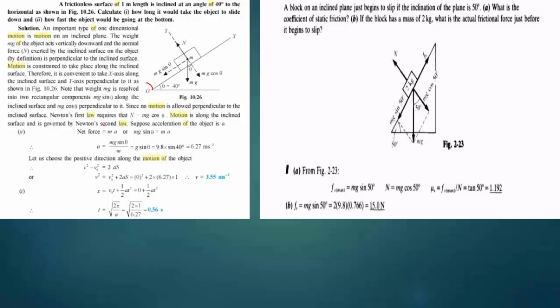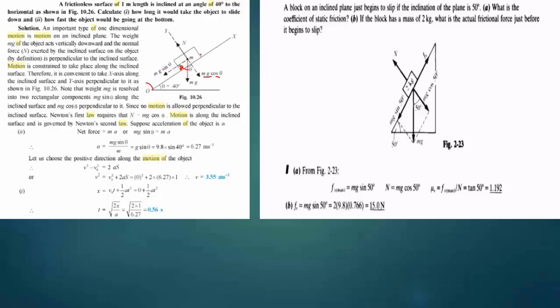So we know what will cause the acceleration. What will cause acceleration from this vectorial diagram? We have the weight acting there, with angle theta. When we resolve, our component perpendicular to the surface becomes mg cos theta, and the component along the plane becomes mg sin theta.